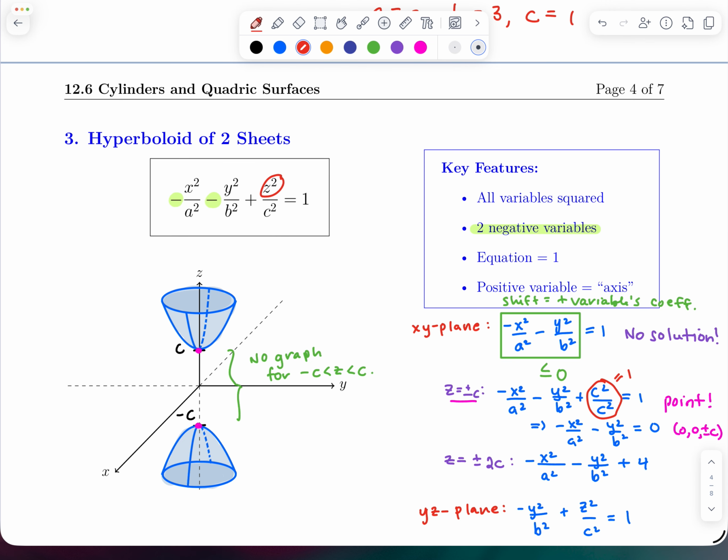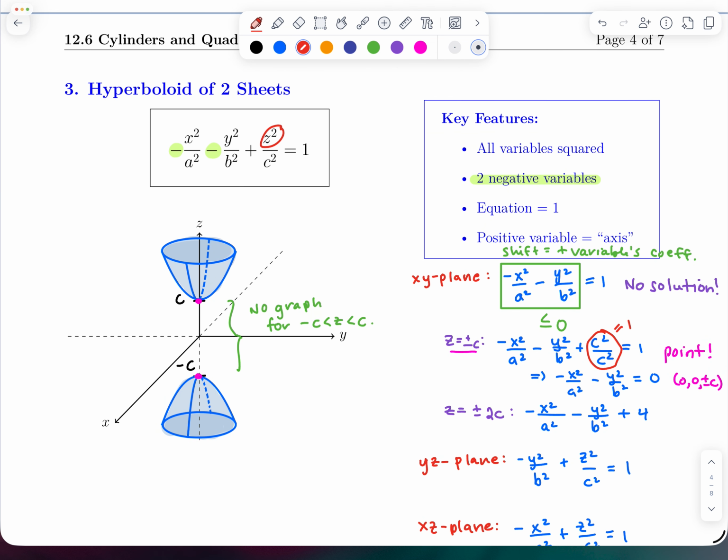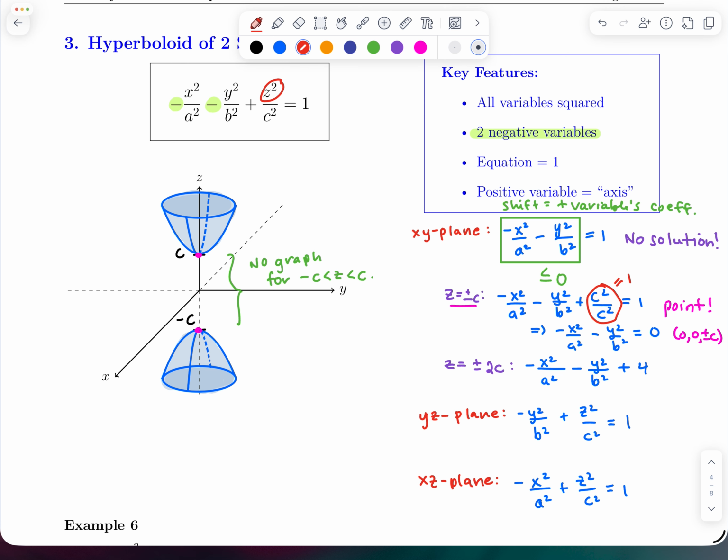If I sub in 2c there, I'm going to get 4c squared, but that'll cancel with the denominator, and then that is equal to 1. But I could solve this, and I could take that 4 to the other side. If I took the 4 to the other side, this would become a negative 3. Then I could multiply through by a negative, and what I end up with is an equation that looks like an ellipse. And so in this case, I get an ellipse.